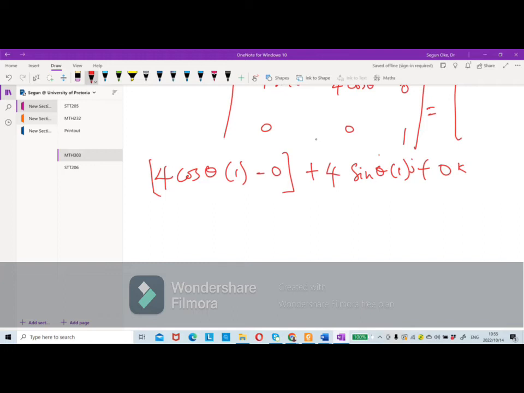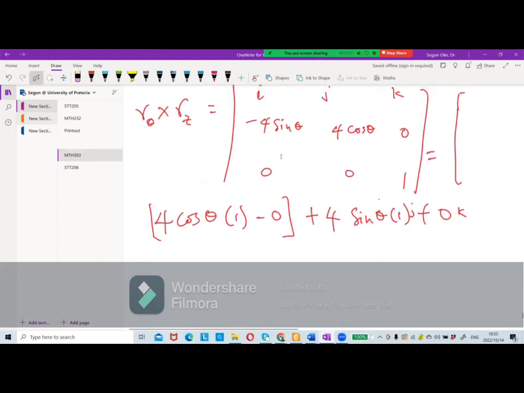Now let's look at it. When you are finding, remember we are going to find the magnitude, the absolute value of it. So let's just put it, for the sake of other people: 4 cos theta i plus 4 sin theta j plus 0k.